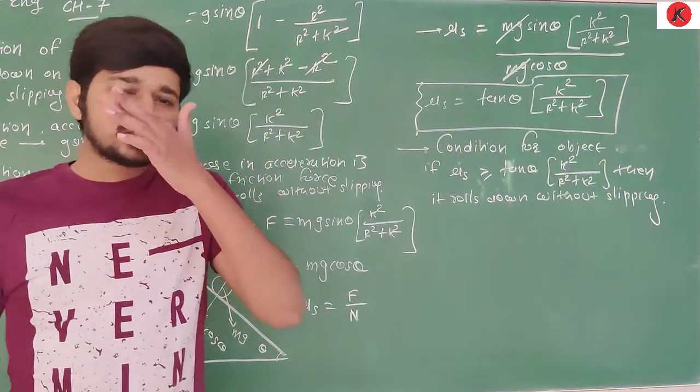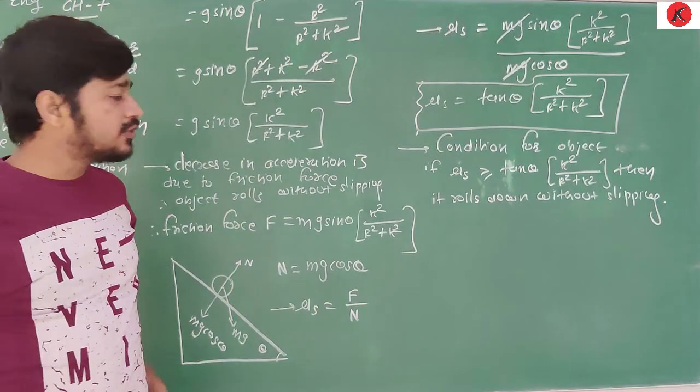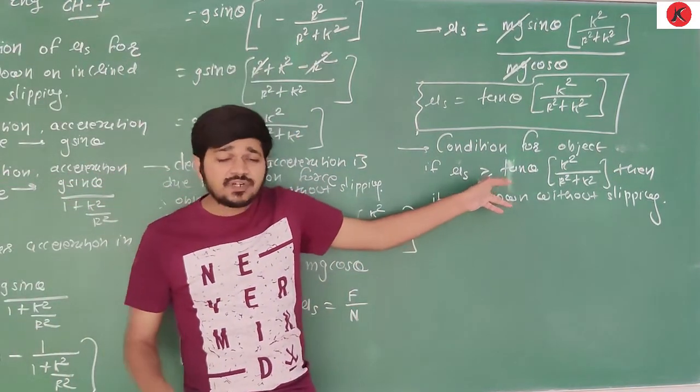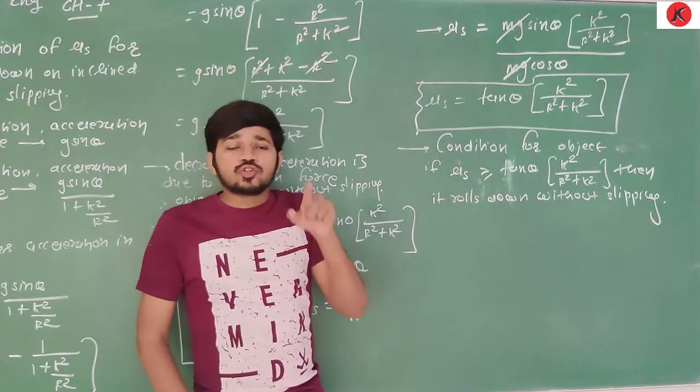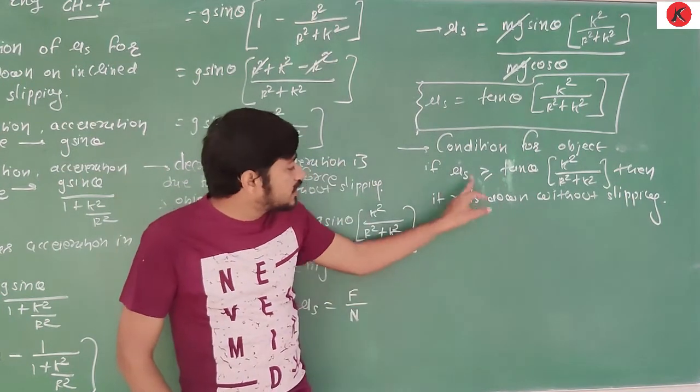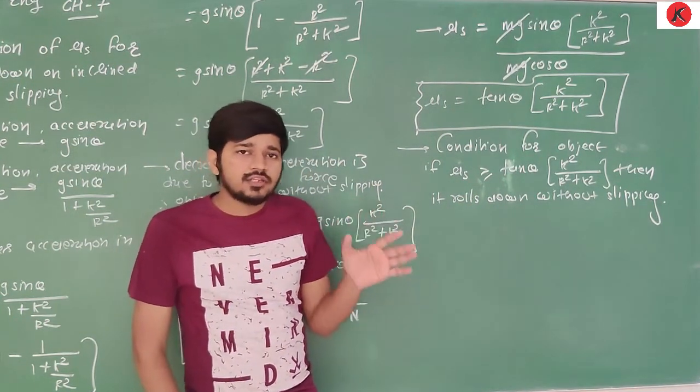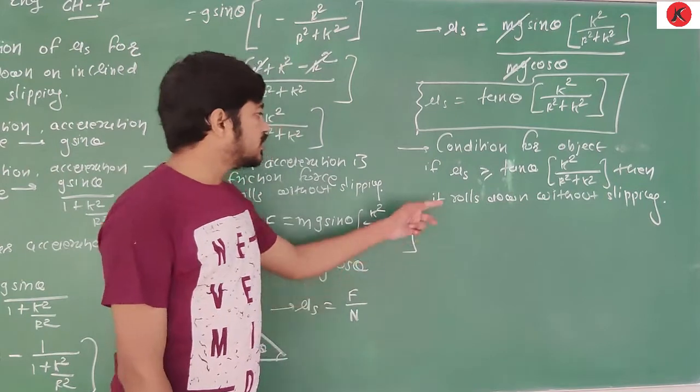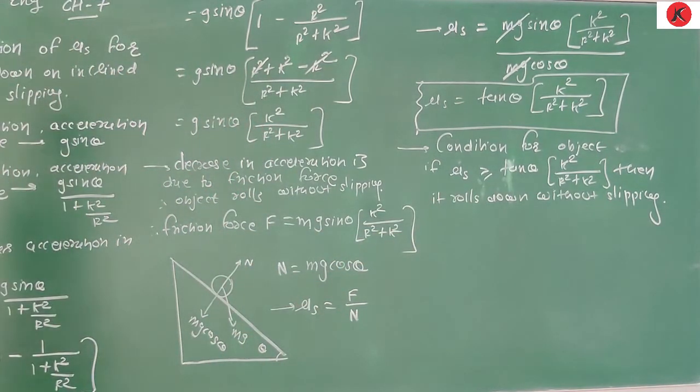Otherwise it will slip. If this condition is satisfied, it rolls without slipping. If this condition fails, it will slip. So you have to remember this condition.